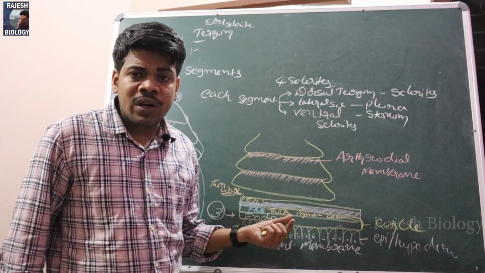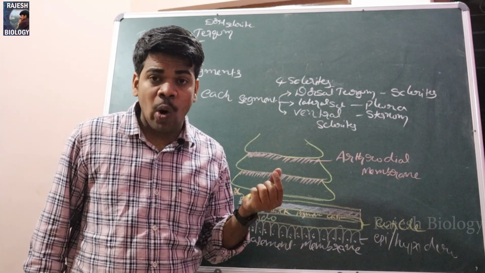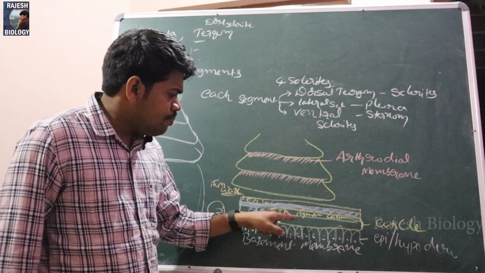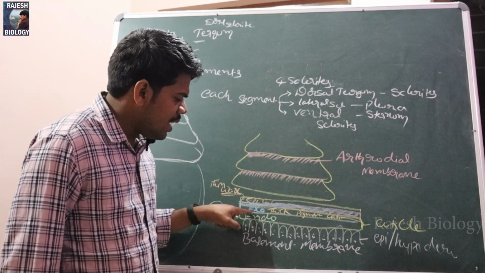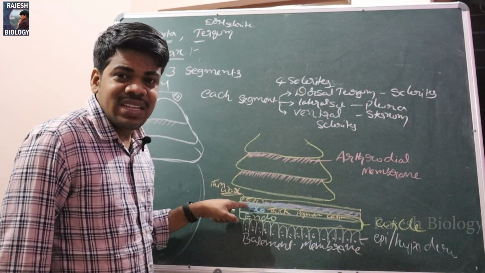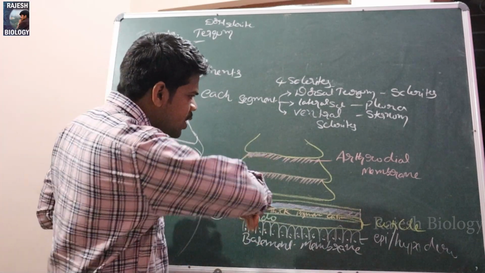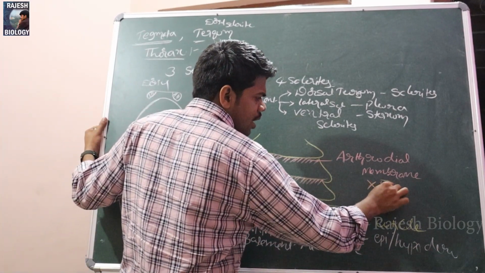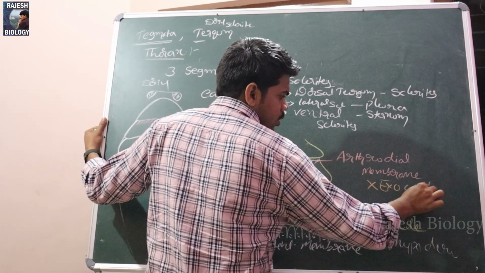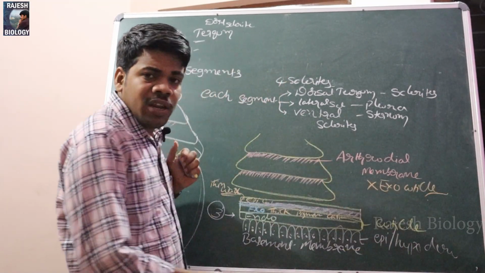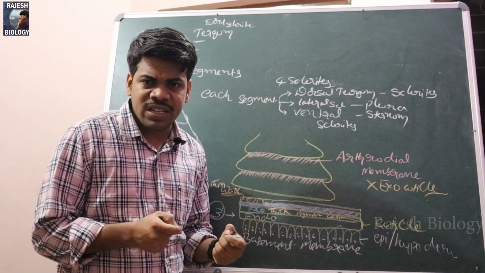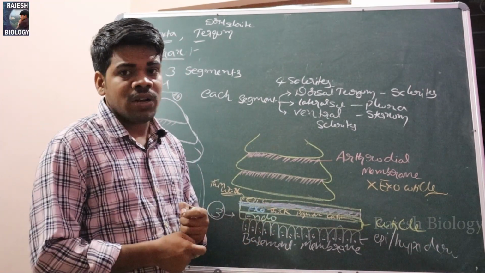Because of this layer only, cockroaches get that color, the reddish to brown color, because of the pigmented chitin present in the exocuticle. This exocuticle is absent in the arthrodial membrane. It doesn't have the exocuticle, so it doesn't have that coloration, and it doesn't have that strength and stiffness. That's why it is flexible.